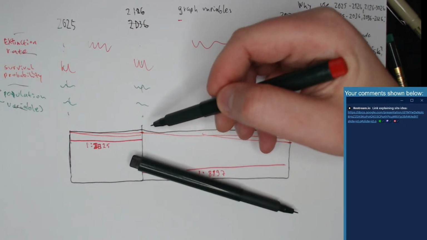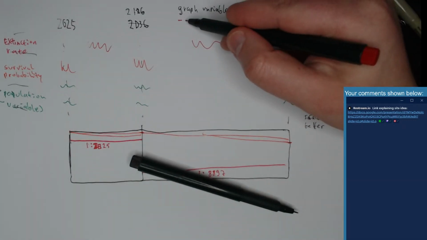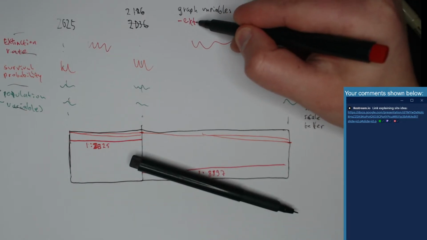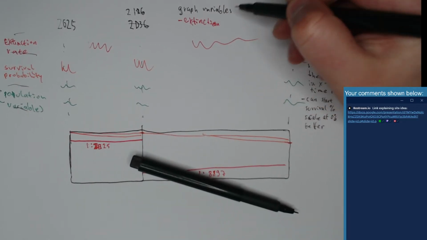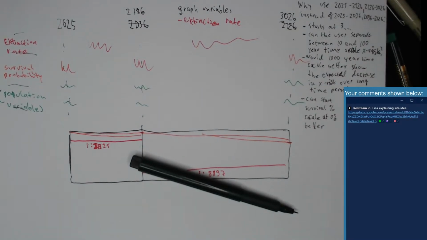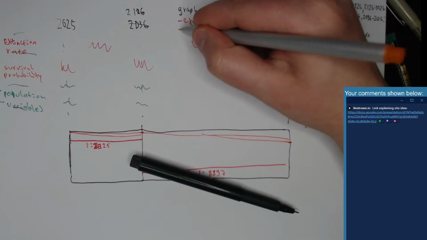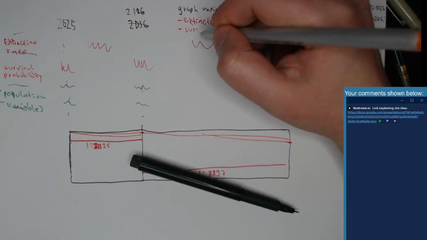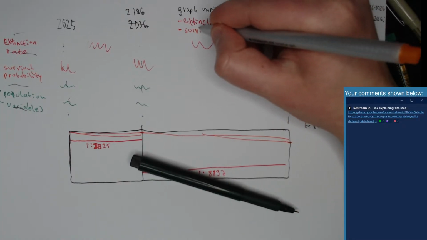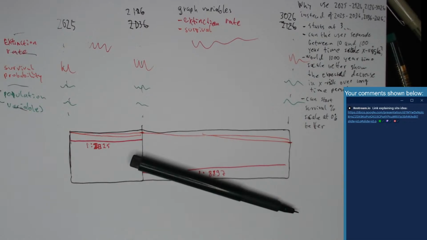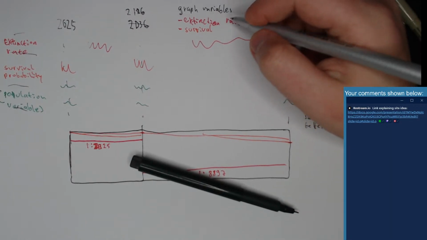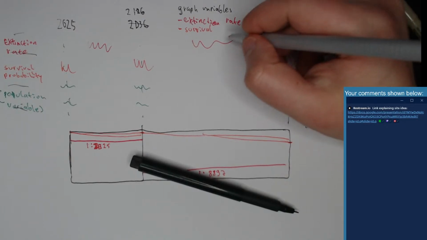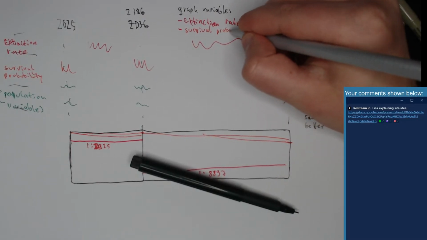So I think that's quite important. And then I want to have the survival probability because I think it's the most important thing that's influencing the outcomes. So I think it has to be there.